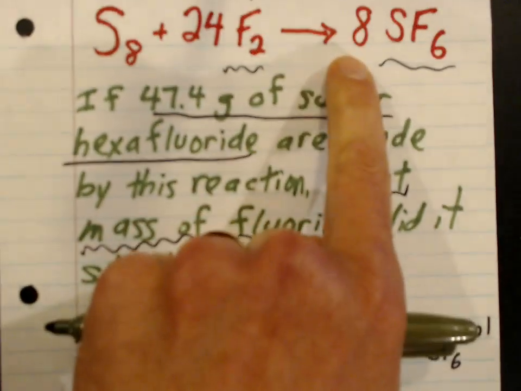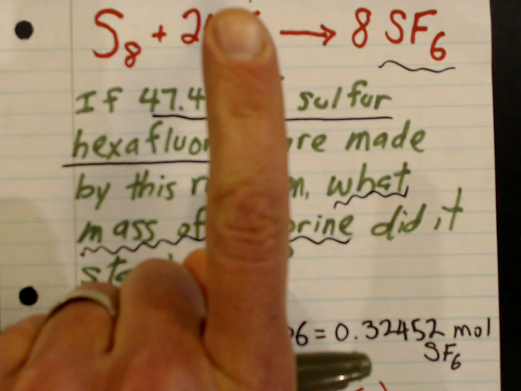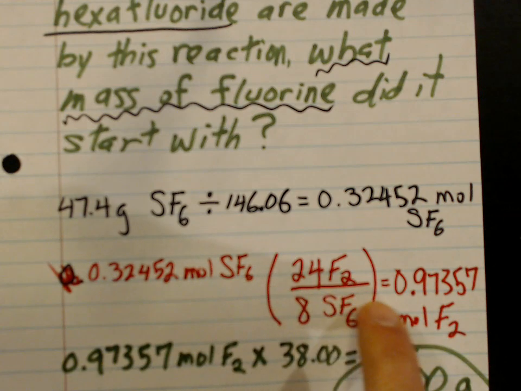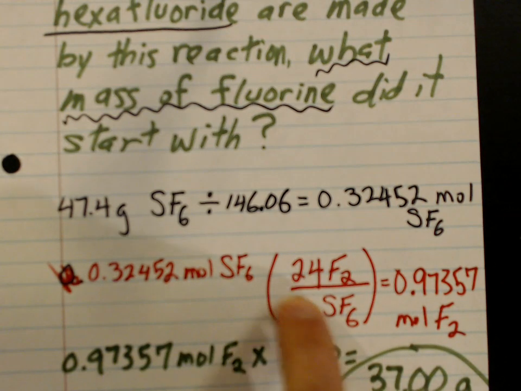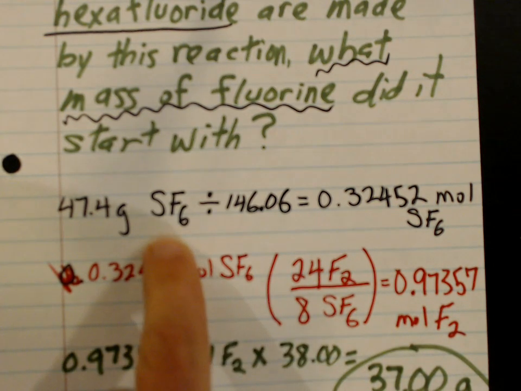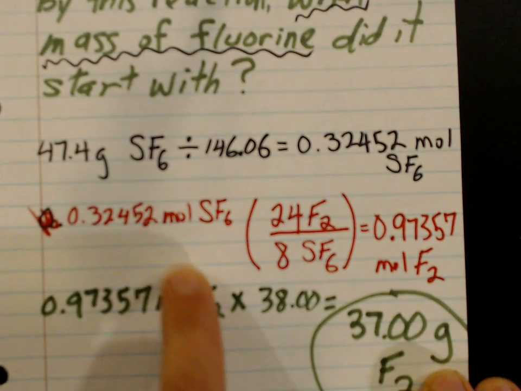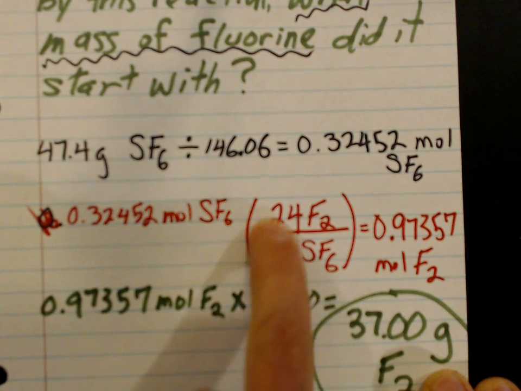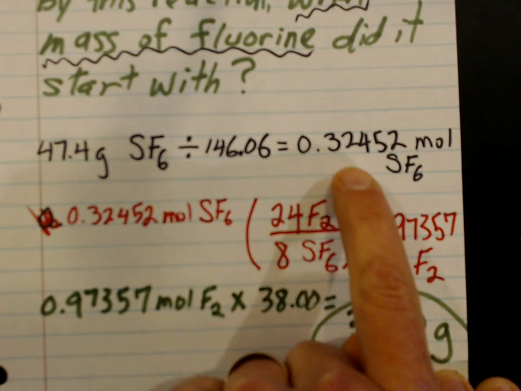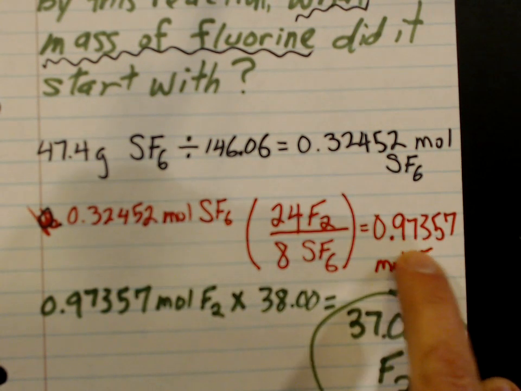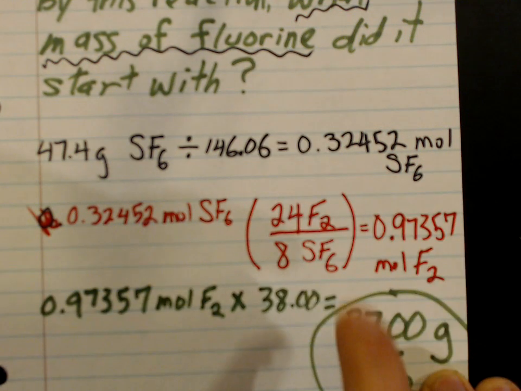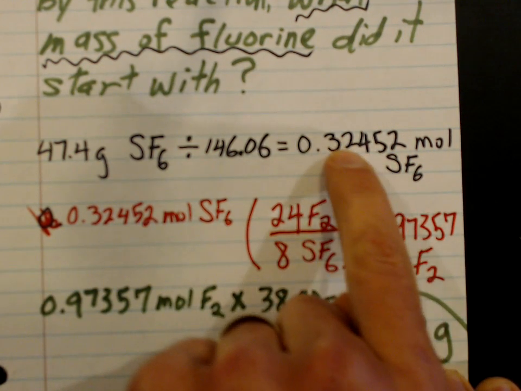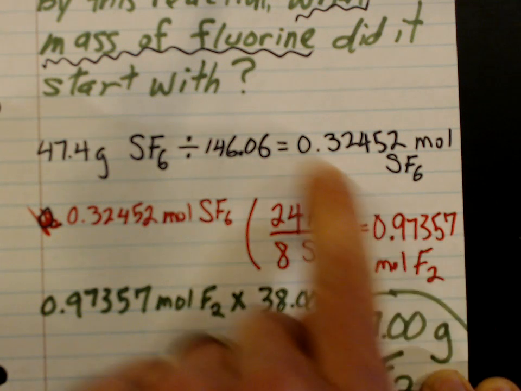Coefficients, like the 24 and the 8, only get used one time, and that time is in this middle mathematical step right here. There's no coefficient of 8 up here. There's no coefficient of 24 down here. Also, these intermediary mathematical answers aren't the final answer, so leave decimal places there. Don't worry about sig figs or any of that stuff.